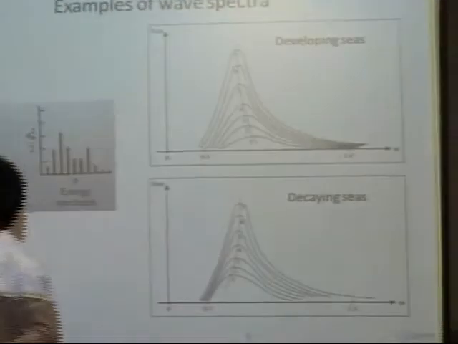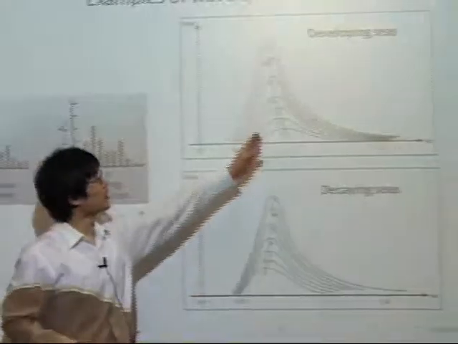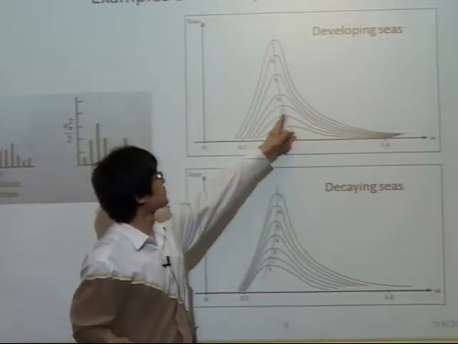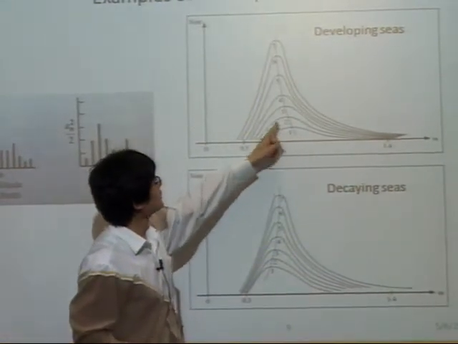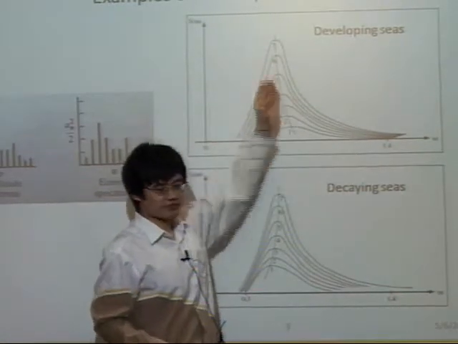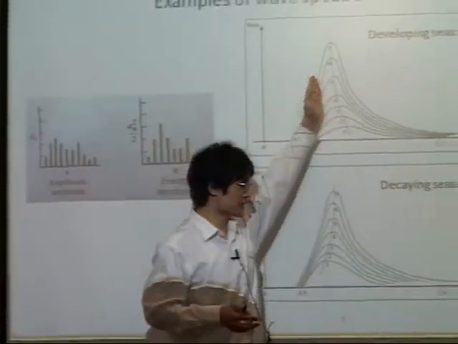This is frequency. And later on, the waves grow, becoming lower frequency with higher energy. That's the reason you see the peak transfer from high frequency to low frequency. Also, the energy is increasing, so it goes this way.